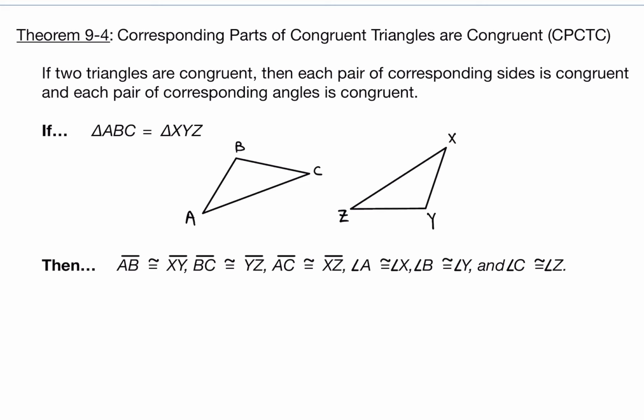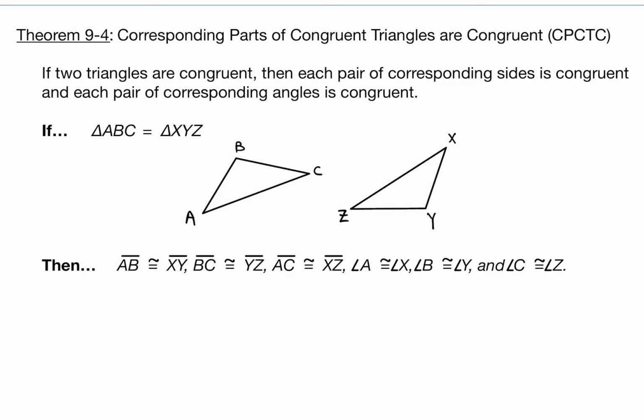Furthermore, side BC, notice it's the second and third letter of the triangle, is also congruent to side YZ, and in that order too, the second and third letter of the second triangle. So side BC is congruent to side YZ. Third, we're told that side AC is congruent to side XZ.